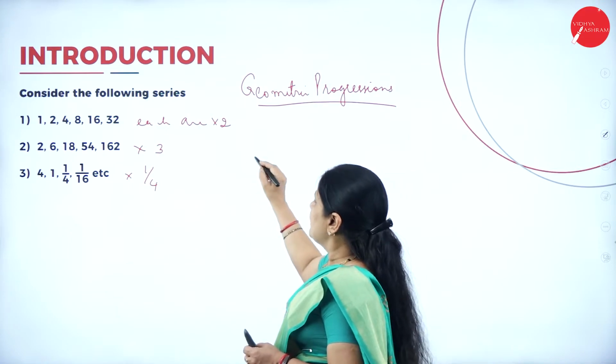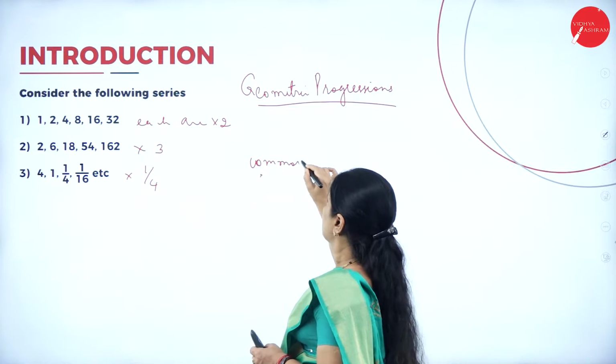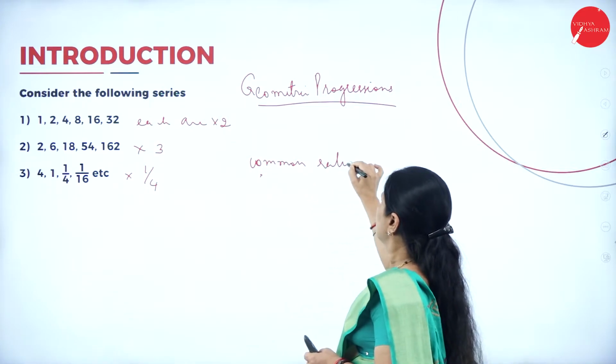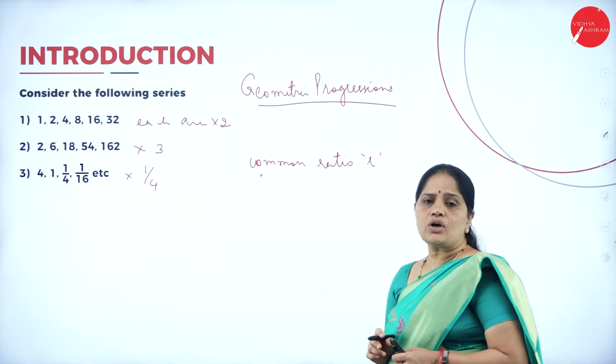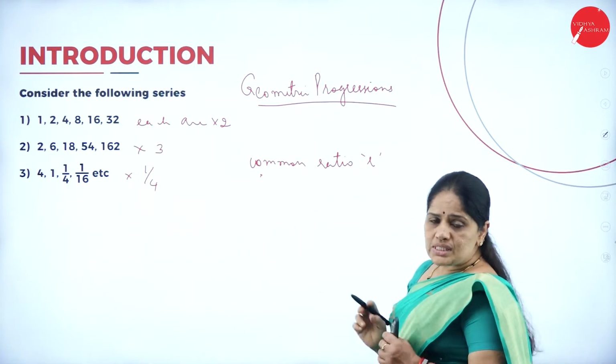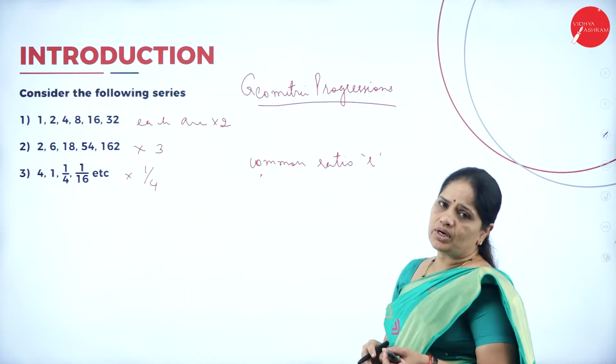So we have these series of terms which have a common ratio, called R. So such a series we call the geometric progression.